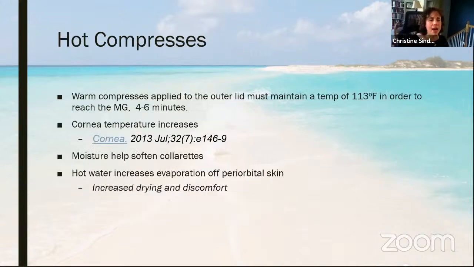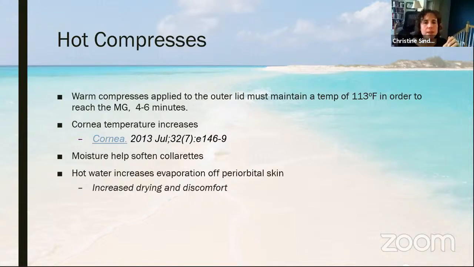As I mentioned with the hot compresses, in order to melt the meibum and get that flowing, you need it to be at least 113 degrees Fahrenheit for 4 to 6 minutes. I tend to tell patients to keep it on their eye for 10 to 15 minutes. The problem with heat, and what you have to be careful of, and I tend to use the infrared masks here, is that it doesn't actually put any weight onto the surface of the eye.